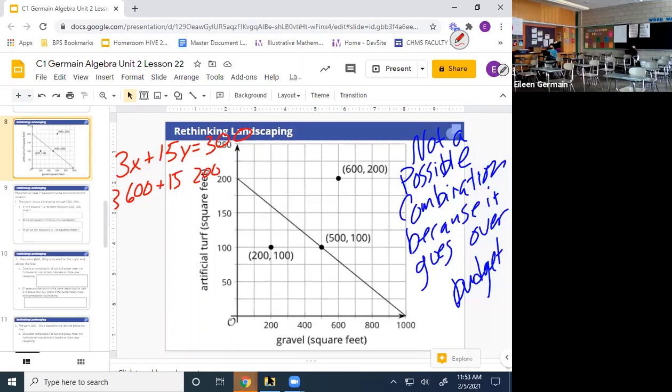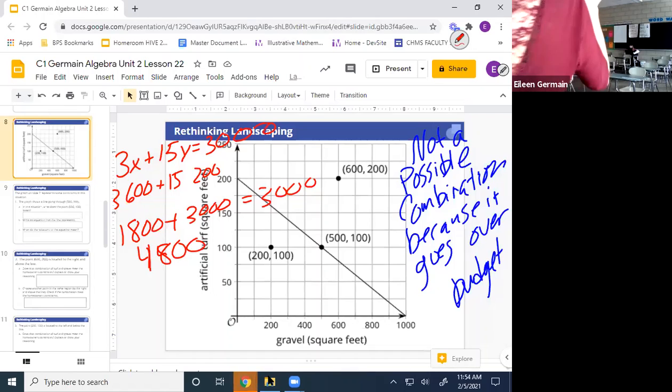And we're going to get 1,800 plus 3,000. Nice catch there. Thank you on that. So this is 4,800. That is over the budget. It's not going to work. Nice job on that one. Good. Just wanted to prove it.